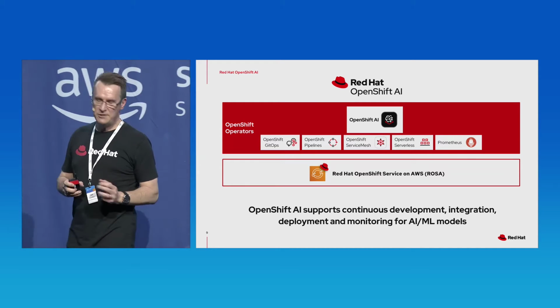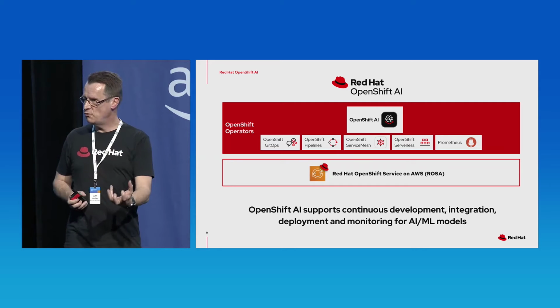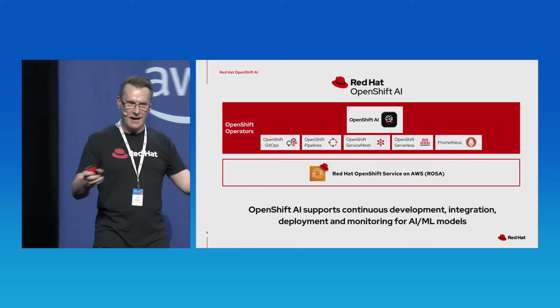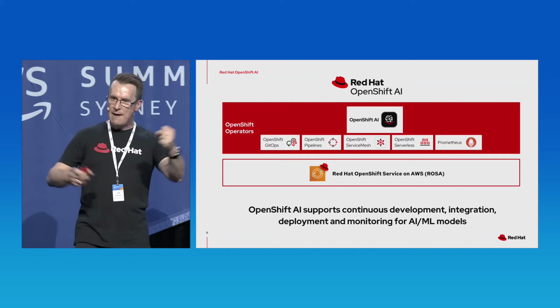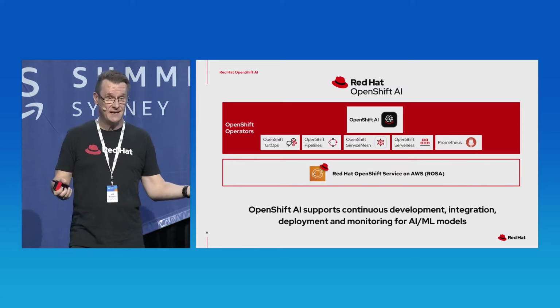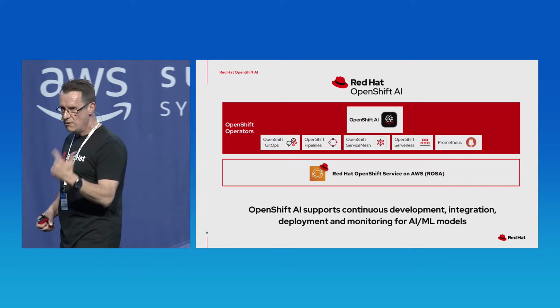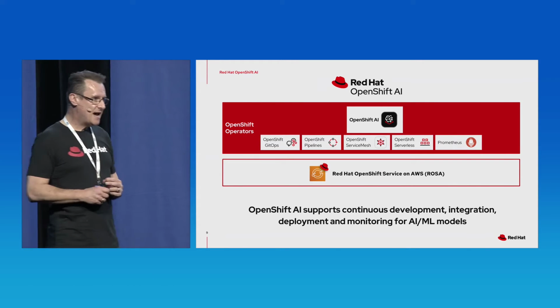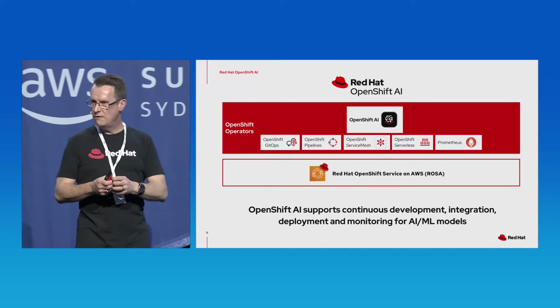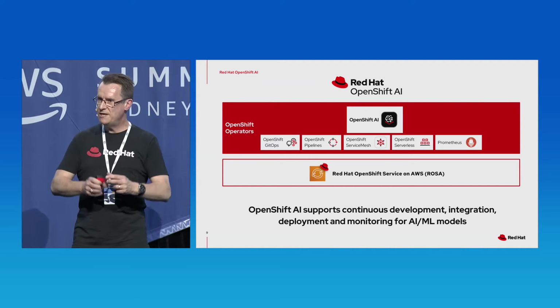But the point here is that the operator is the secret sauce that makes all of this work. It allows you to bring these applications, components, even data connections. It will install, configure, maintain, and fine-tune all of those applications. Everything is integrated for you.